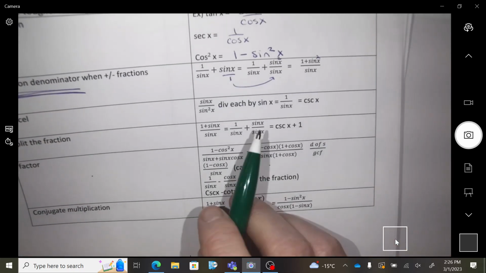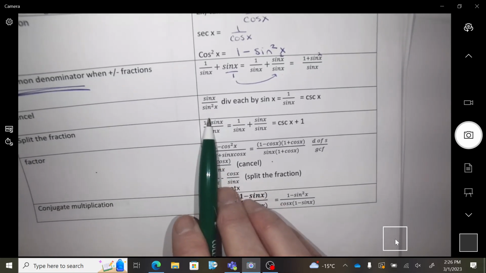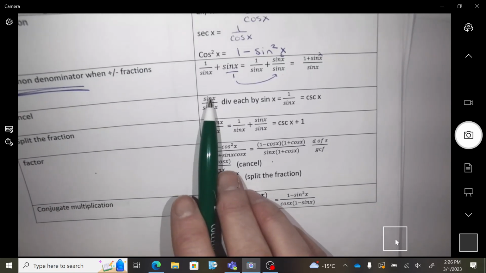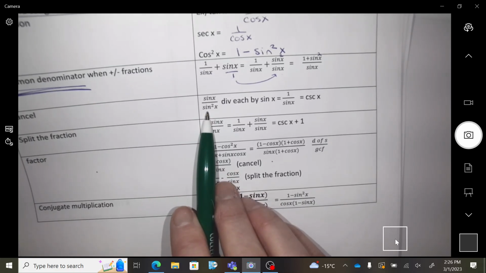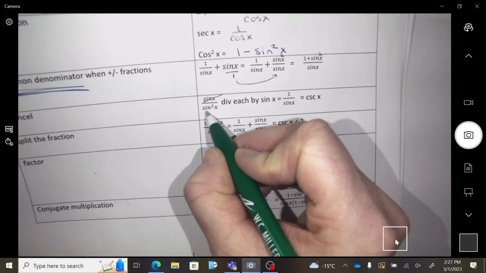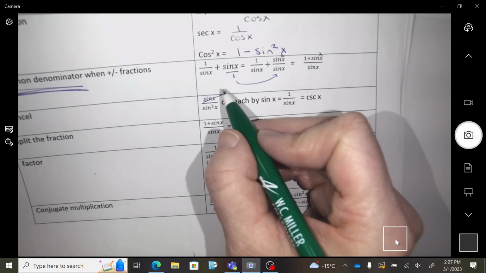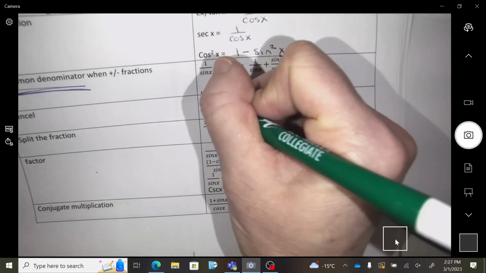Okay, you can do cancellations. So if I ever have fractions like this, sine x divided by sine squared x, what could I divide out? I could say divide by sine x, and that would be gone, making, what happens when you cancel something in math? Is it 0 or 1? 1.